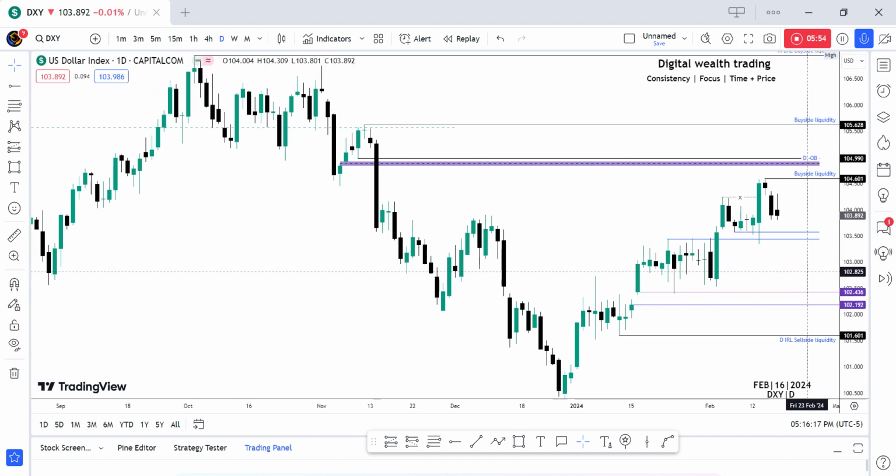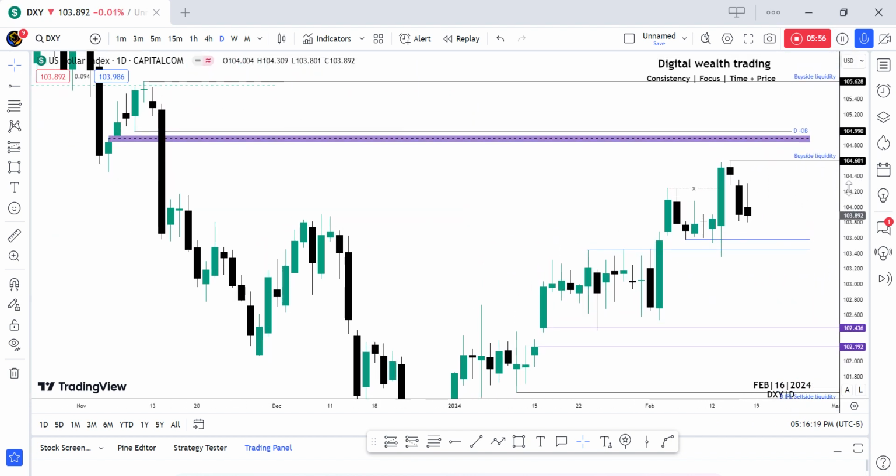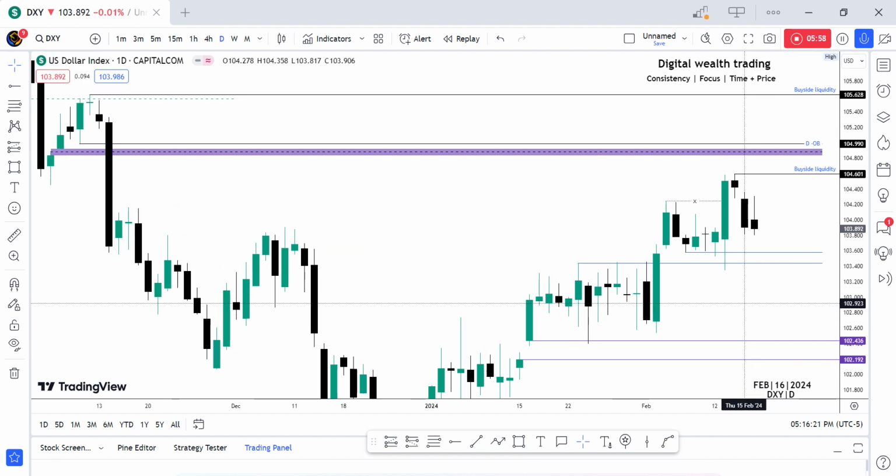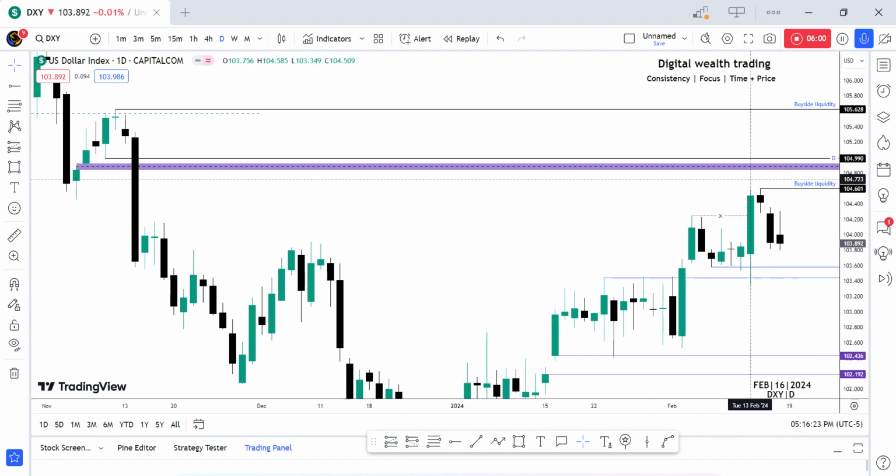This is the dollar index daily market review for Friday, 16th of February 2024. As you can see, the dollar index also delivered almost the same candle, but we priced and tapped into this liquidity void.